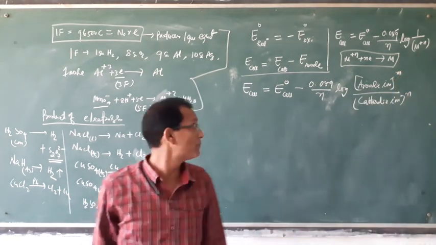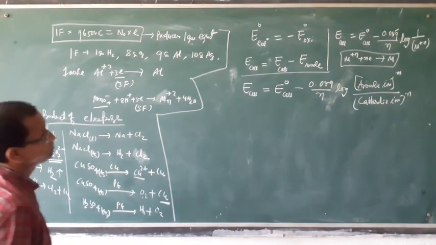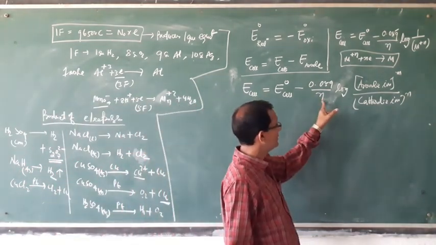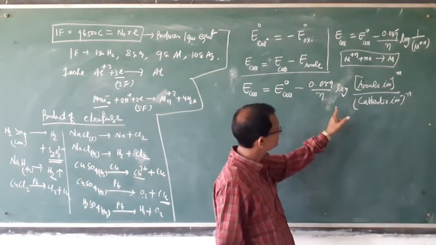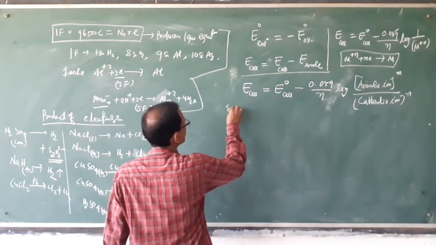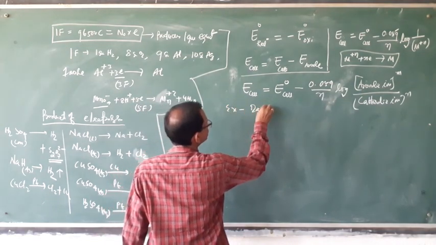This is the expression of the cell potential of a complete cell using the n value.